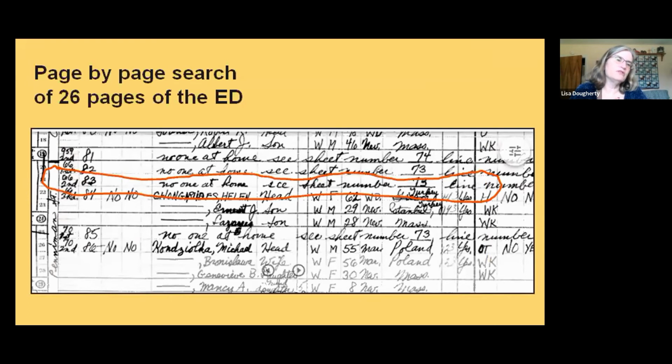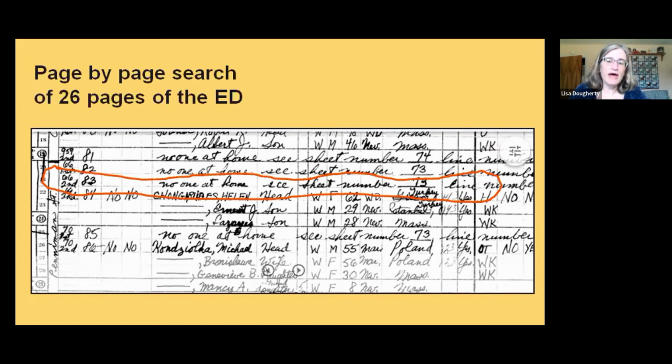On the left-hand side, you can see it says Penniman Street, and we can see the number 83. We can also see the notation that says no one at home. Uh-oh, there was nobody there. So when the census taker came and knocked on the door, there was nobody there to answer the door and give the information.